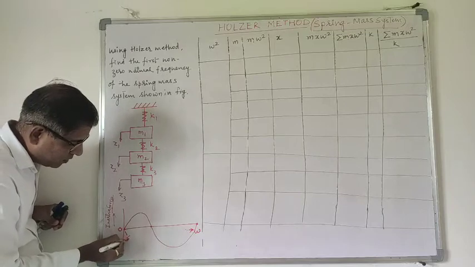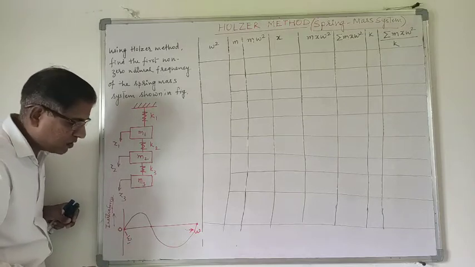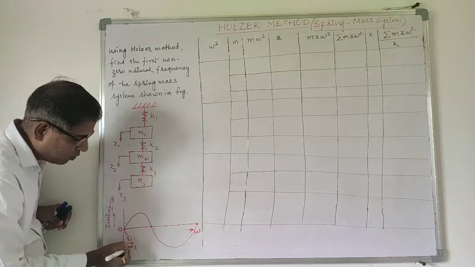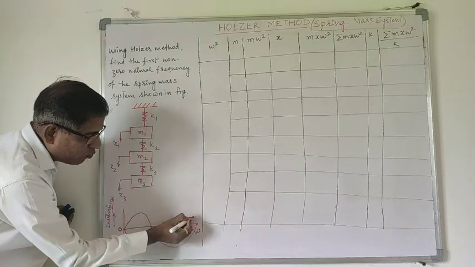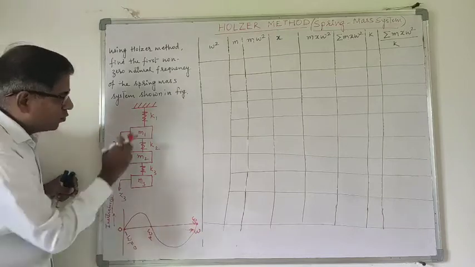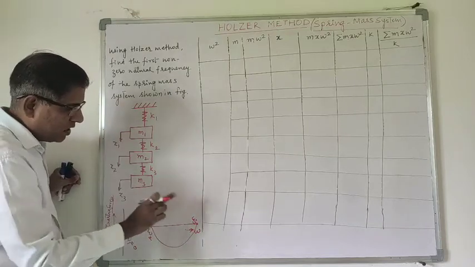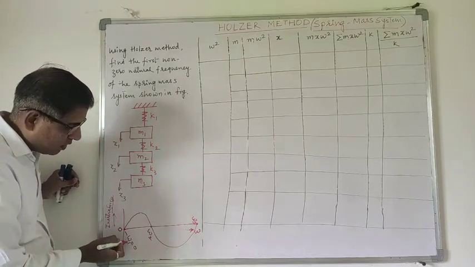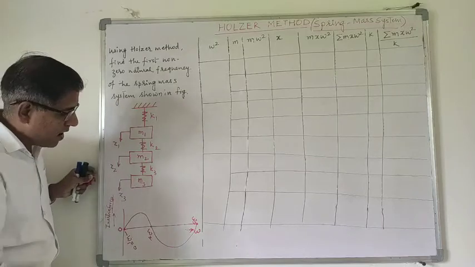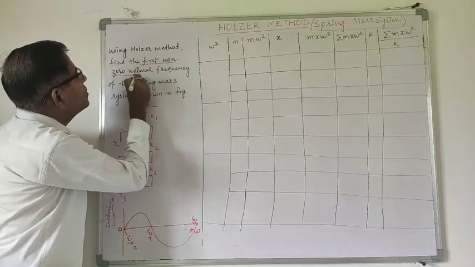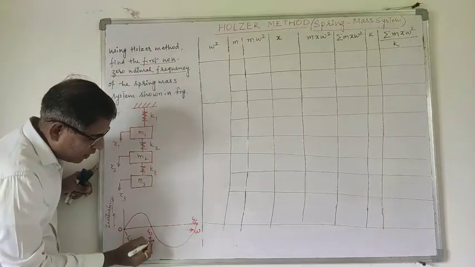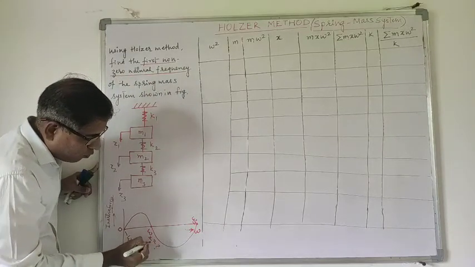So this one is omega 1, that is the first natural frequency, which will always be equal to 0. This is omega 2 and this is omega 3. So 3 masses, 3 natural frequencies, out of which one we have considered as 0, and we need to find out the first non-zero natural frequency. That means we need to find out omega 2.